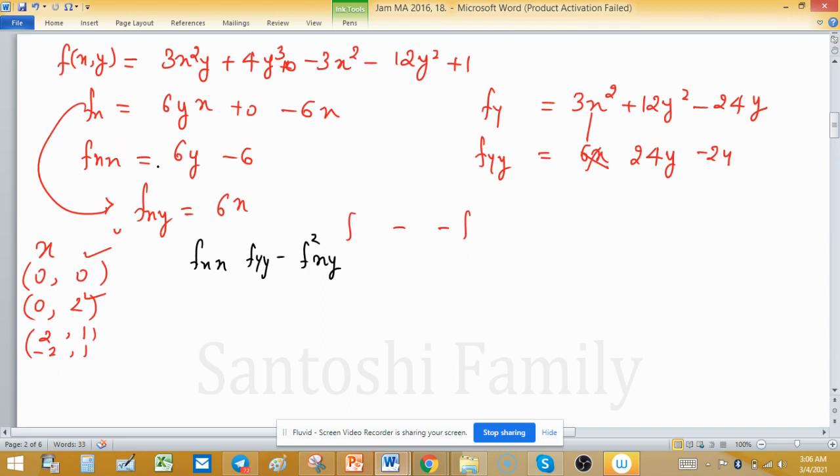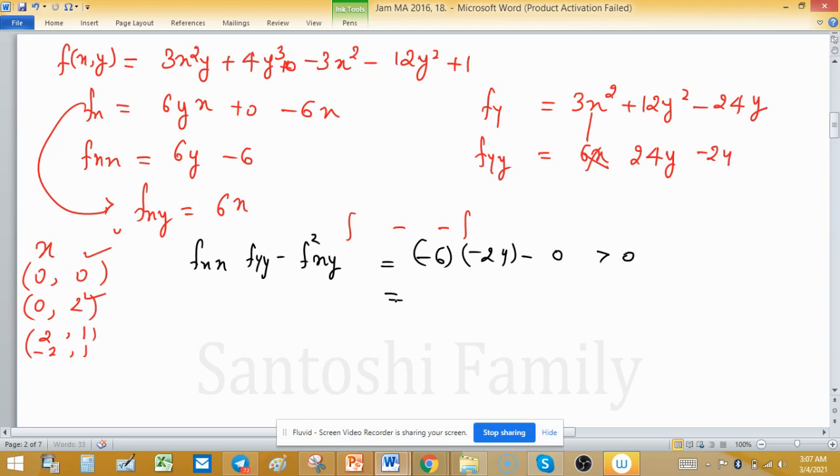So at 0, 0, put 0 here, this one will be minus 6, into fyy, put 0 here, so minus 24, minus fxy square, so 6x whole square means 0. So this value is positive.